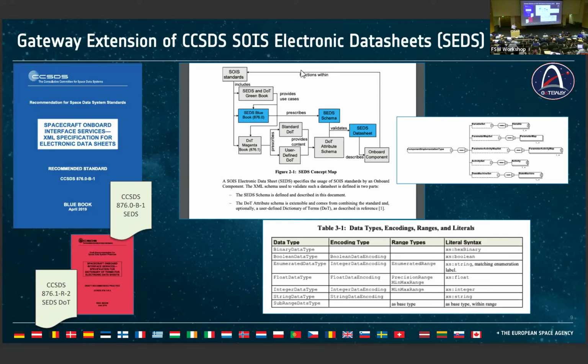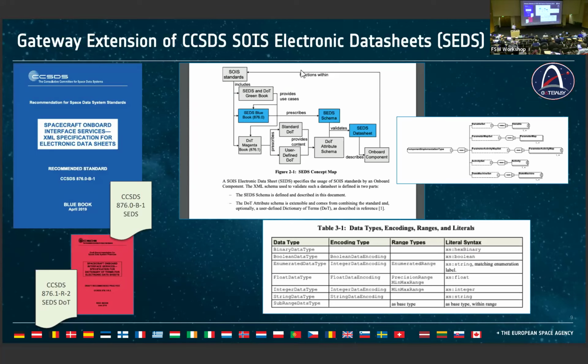And we use electronic data sheets on Gateway with some limitations. Some of the types are not used. Some of them have some sort of restricted use. And we added some new elements to do with Gateway autonomy, functionality, with tasks, with goals, and things which are not in the CCSDS standard and may be considered for an extension of the standard.